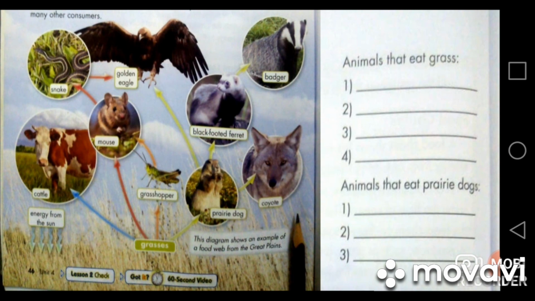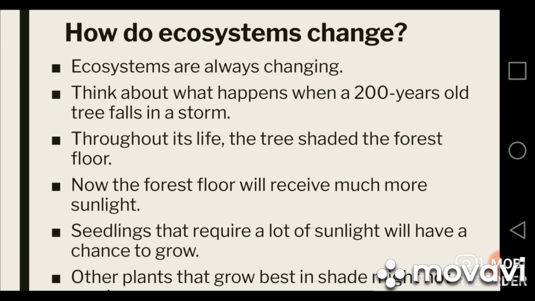So you will write the names of these animals in the animals that eat grass, and for the animals that eat the prairie dog you will write coyote, black-footed ferret and the eagle. Just write these names in the given space and we will proceed to page number 47.